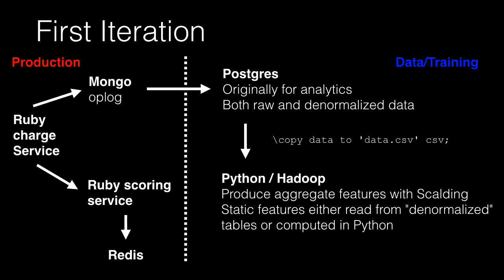So we had Ruby logic that operated directly on the Mongo objects to compute things like the amount in US dollars and whether the IP address was an anonymous IP and so forth. And we also had custom Ruby logic to run the same aggregations. We used Redis as our store for keeping track of the running values. Again, think of things like the number of times we've seen the card in the past day.